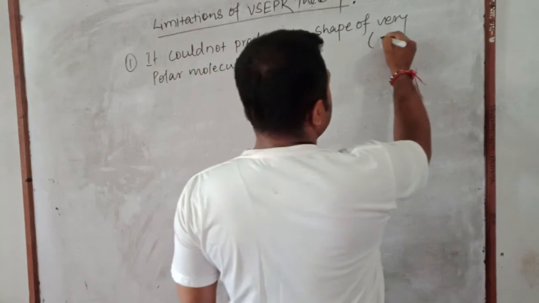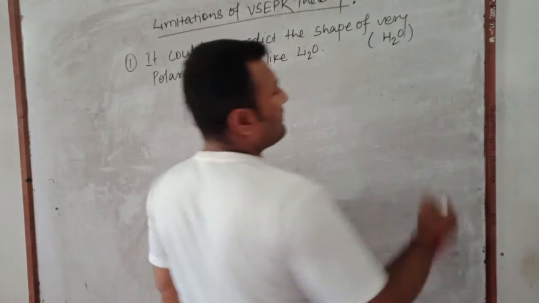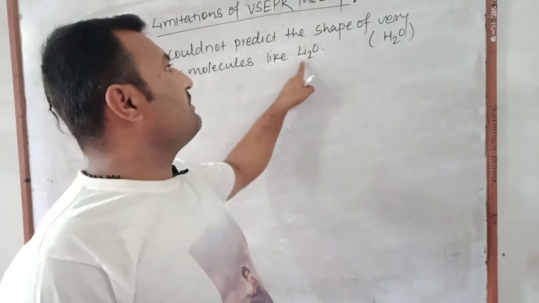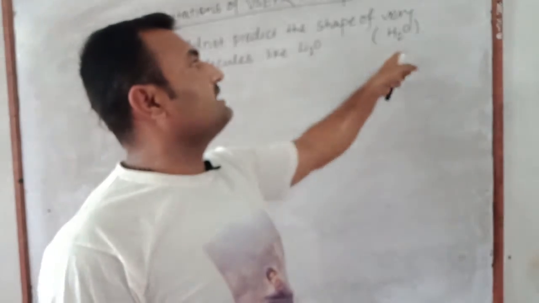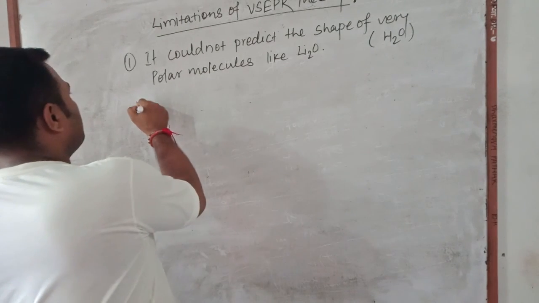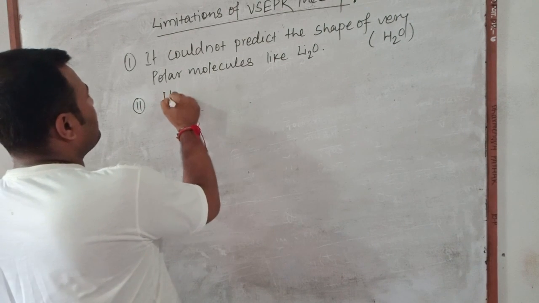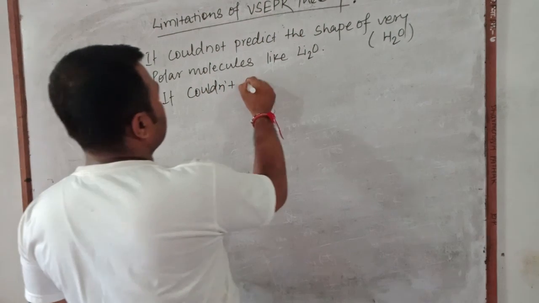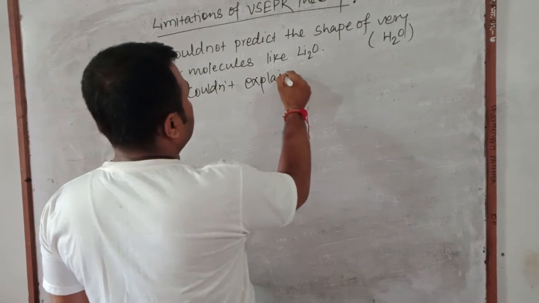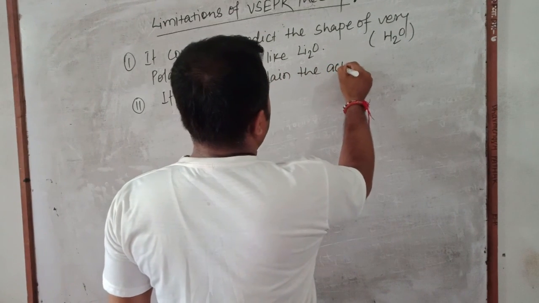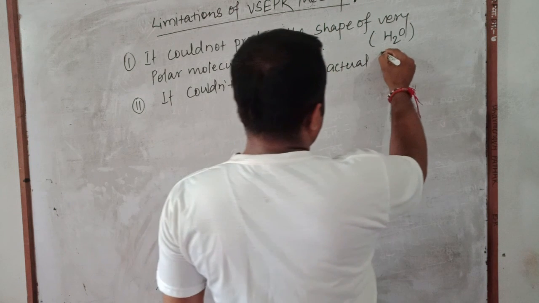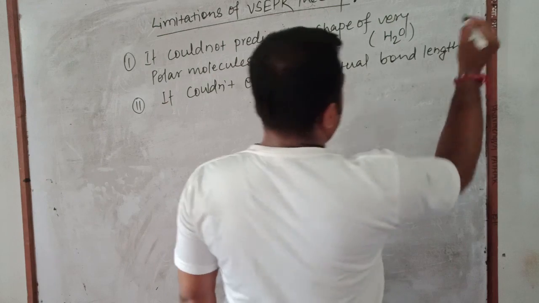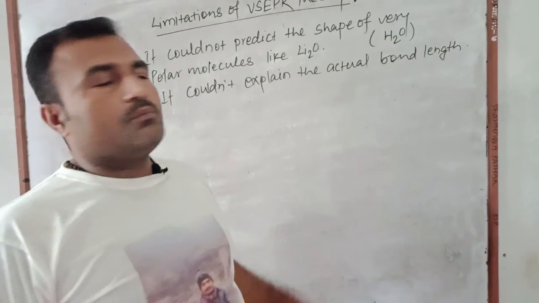It explains the structure of H2O, but could not explain the structure of lithium oxide because it is more polar than water. Other, it could not explain the actual bond length of molecules.